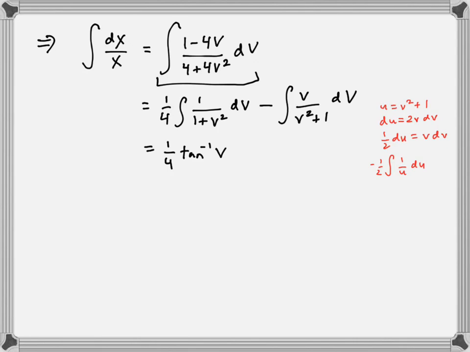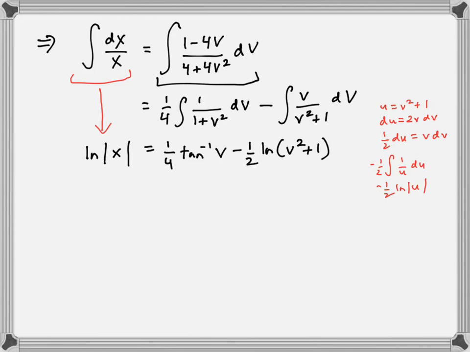And so it's going to be minus 1/2 natural log of u. But of course, replace u back with v squared plus 1, and of course that's positive, so we don't need to worry about the absolute value. We get the following. It becomes minus 1/2 the natural log of v squared plus 1. What do we get on the left? Well, this guy just is easy to integrate. This just becomes the natural log of the absolute value of x.